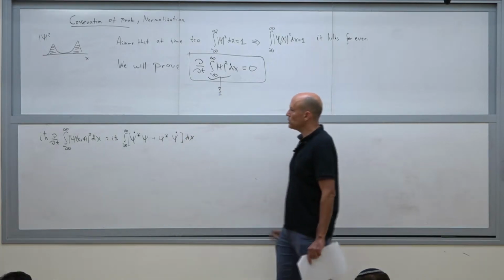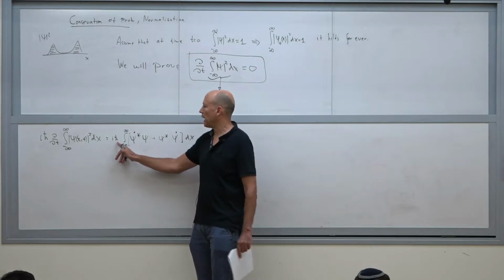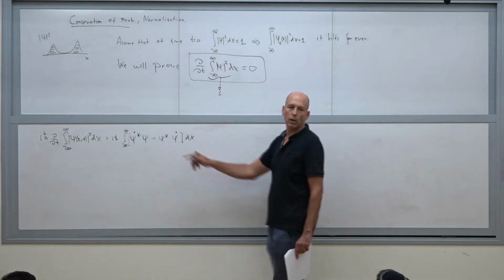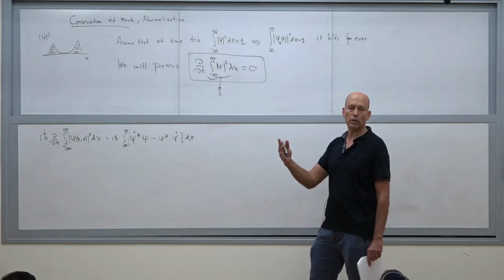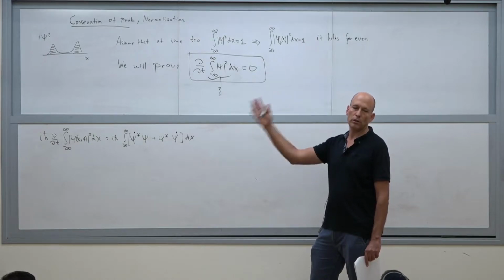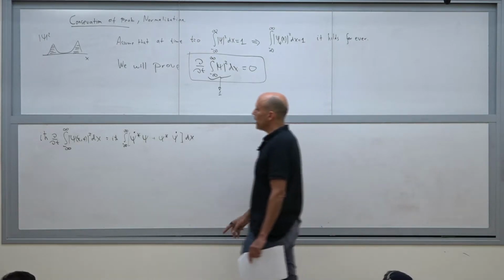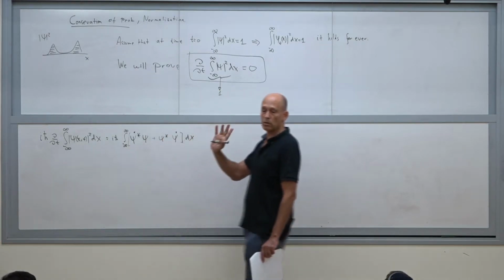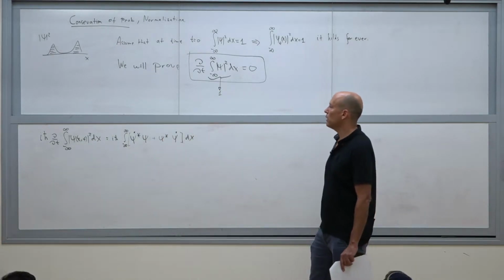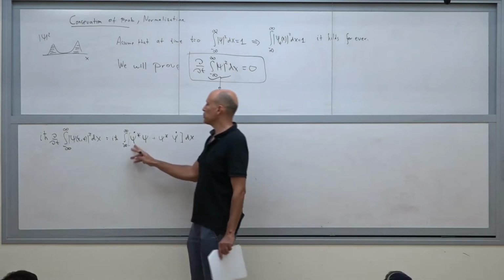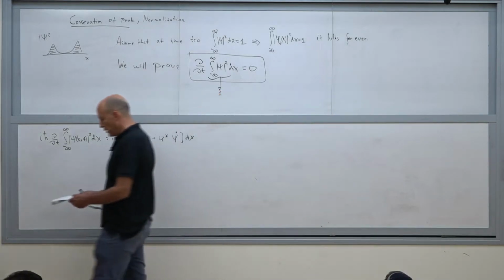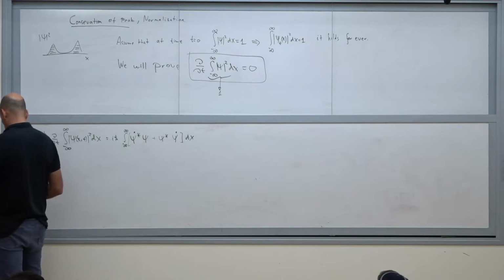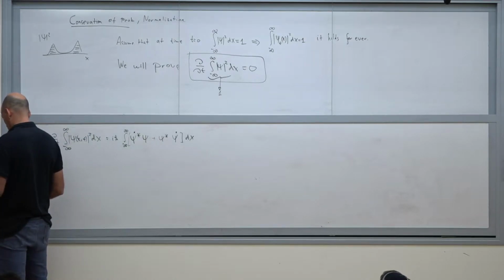Now if I look at this equation, I see, for example, iħ psi dot. What do I know that iħ psi dot is? It's H times psi. But I also have here iħ psi star dot. Okay, but it's not so difficult. Let us now see what iħ psi star dot is. To do that, let us go back to the Schrodinger equation.